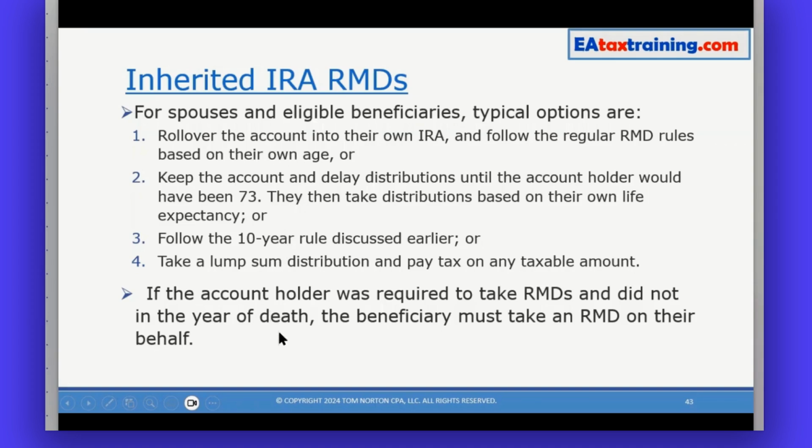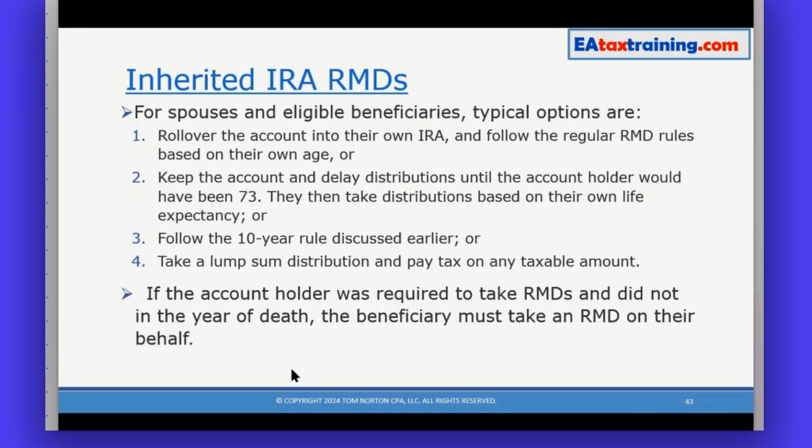In any case, if the account holder was required to take RMDs and did not do so in the year of death, so let's say they were 75 years old, they were supposed to take an RMD that year, but they died before they took the RMD, then regardless of which option gets chosen, the beneficiary must take an RMD on the account holder's behalf for that particular year.